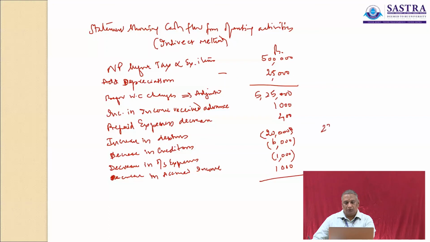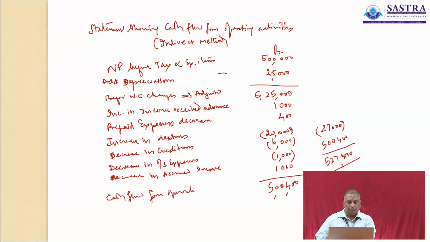So 527,400. So it should be 5 lakhs 27,400 is your cash from operating activities. Cash flow from operating activities.